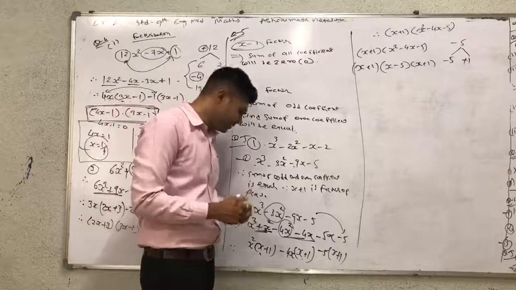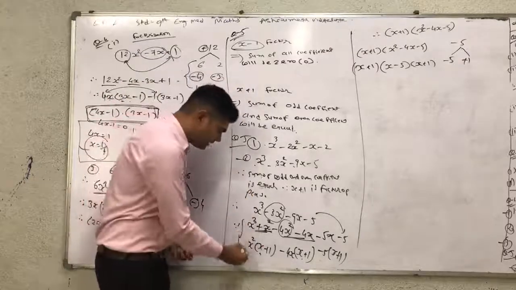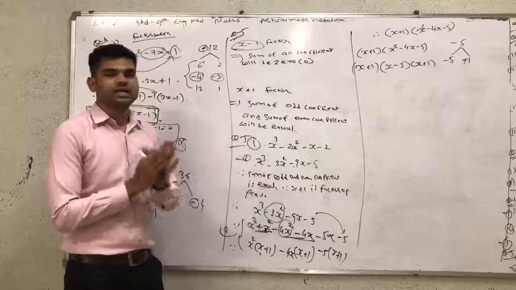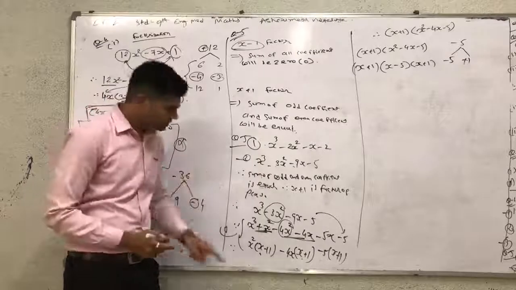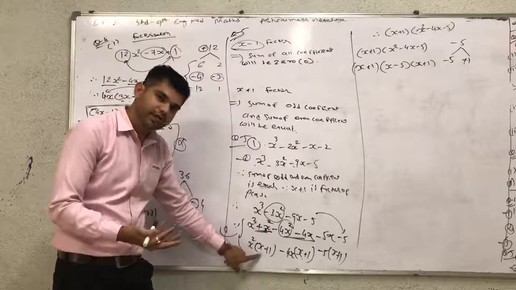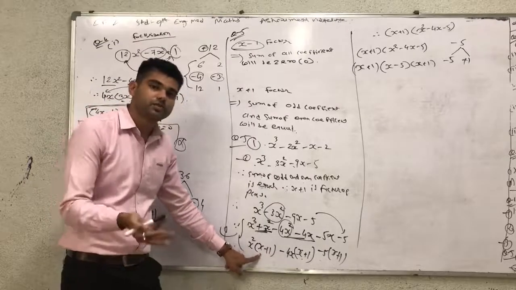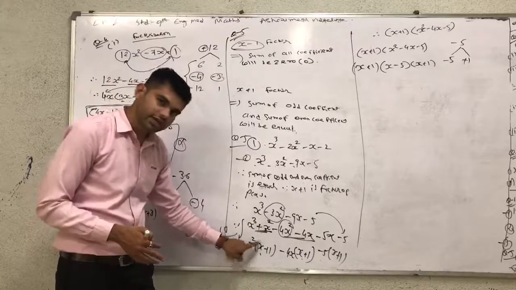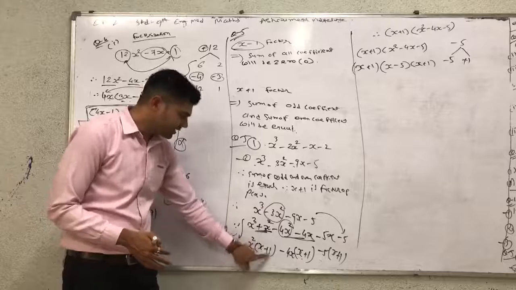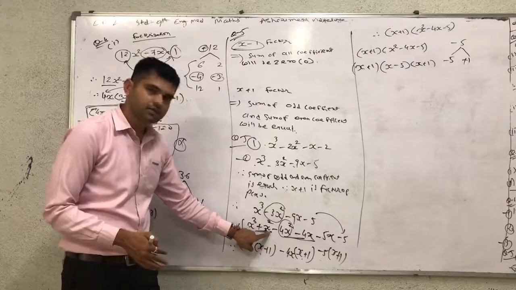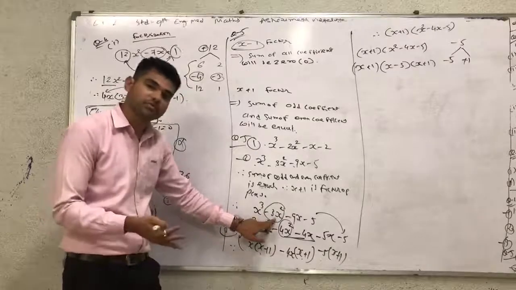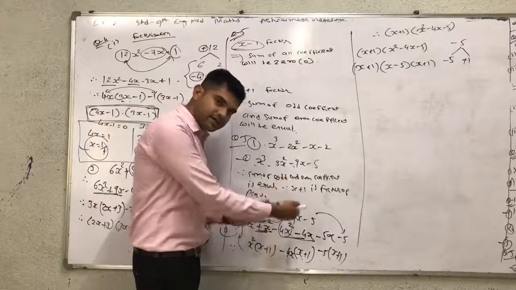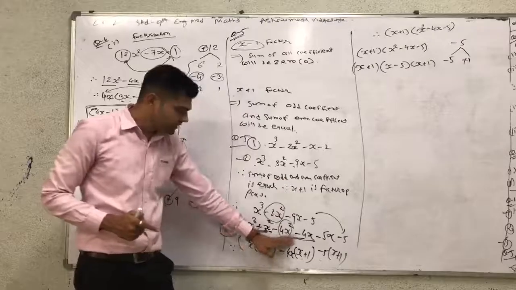So friends, remember, these two steps are important. Understand once again. We have to take x plus 1 common for the given terms. First take x plus 1 with the term: common x plus 1 in x cube gives x square. Therefore x square into x cube, x square into 1, x square. But here it is minus 3x square, so set minus 3x square by using x square, with an extra subtraction of minus 4x square.